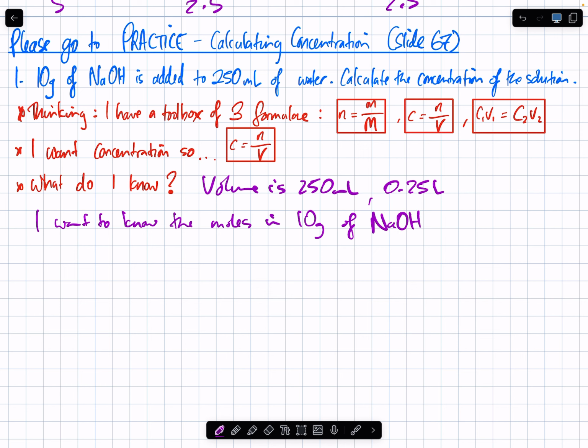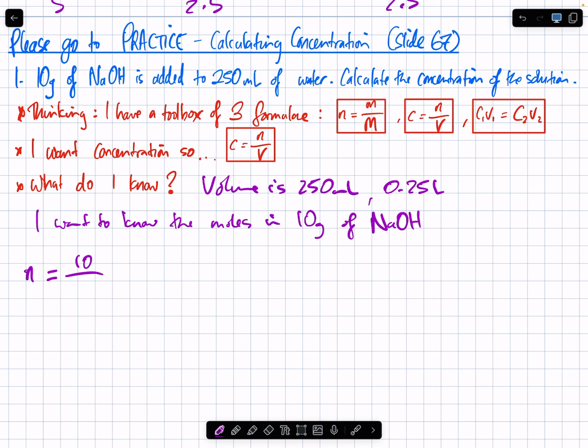hydroxide. So do I need to use another formula to find that out? Which formula tells you the number of moles I have of something? The first one, n is equal to m over M, where small m is the mass of the stuff. How many grams of the stuff do I have? 10. Do I currently know the molar mass of sodium hydroxide?